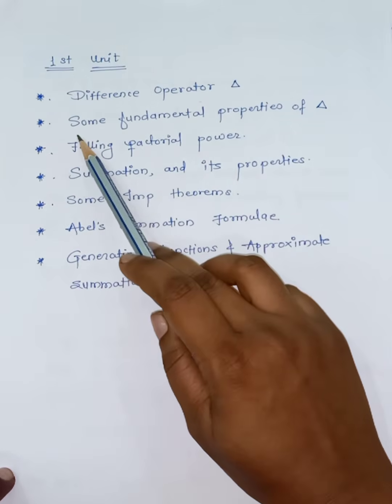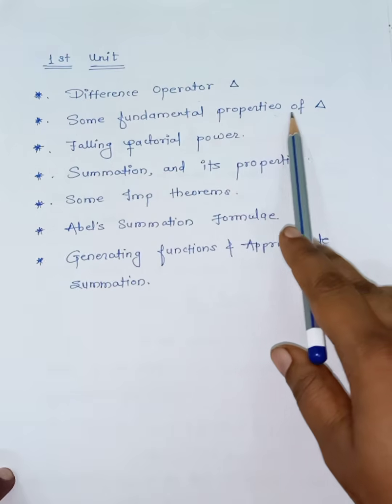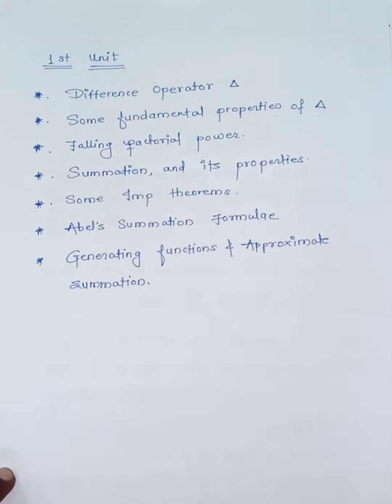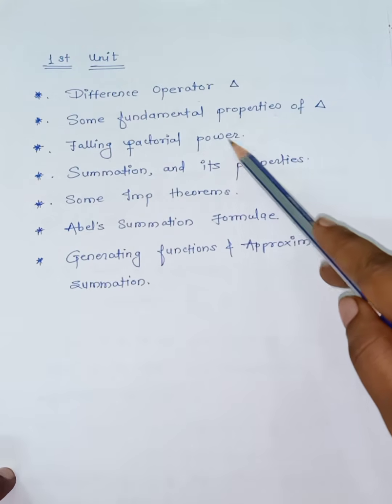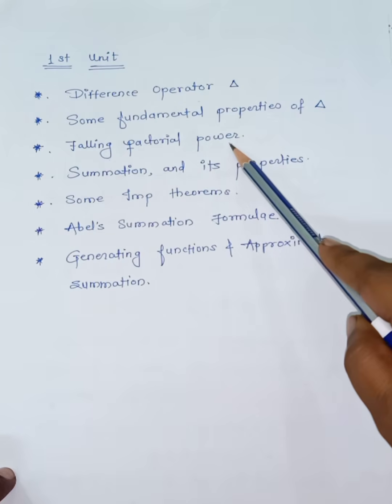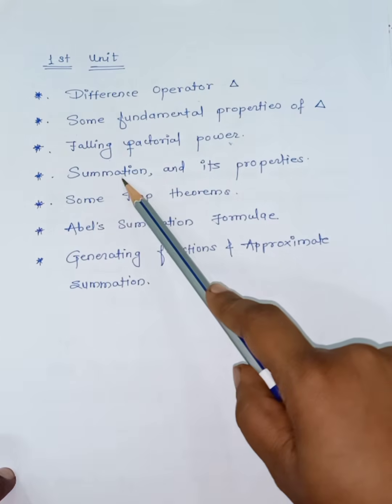The second was some fundamental properties of delta and some basic definitions, or you may say some formulas. The third was the falling factorial power and some basic theorems related to this. Then the next one was summation.